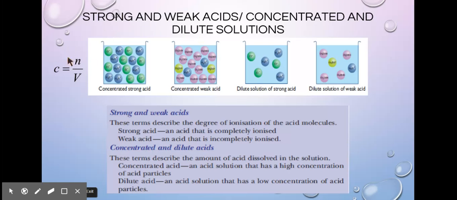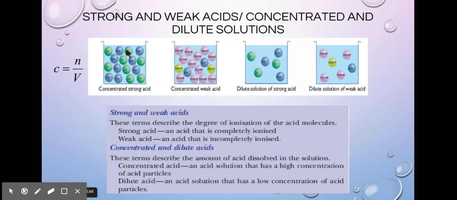Concentrated means that I've got lots; concentration is related to the number of moles that I have dissolved into my solution. So both these representations here are of concentrated. There's a lot of particles in the water. Both of these are dilute.